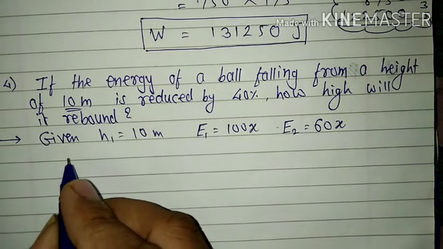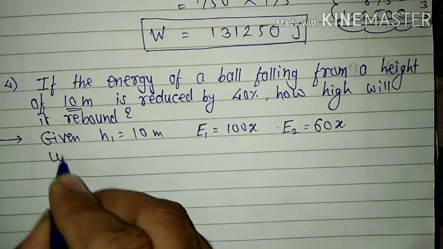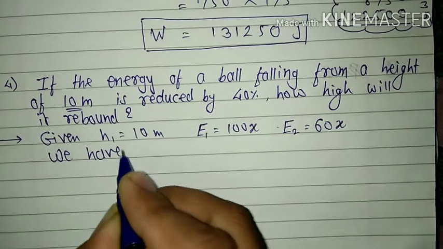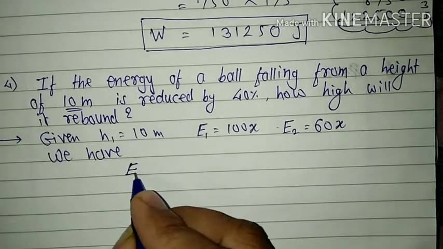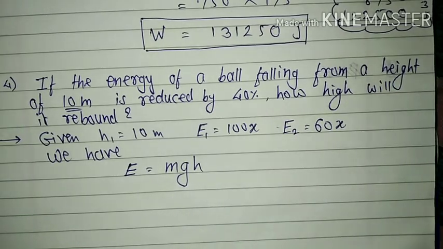Now we know that what is the formula for the E or the energy? E is equal to mgh. Is that okay? What do you mean by mgh? It is potential energy.